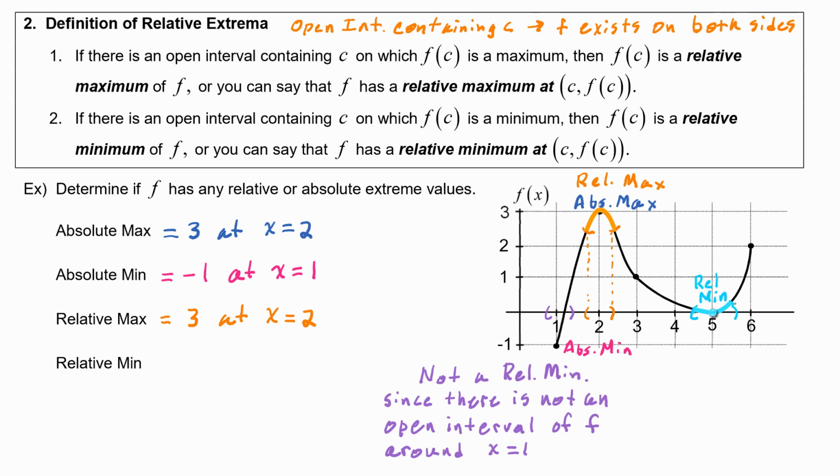We would be here on this part of the function. So because there's an open interval around x equals 5, on which 0 is the smallest y value, that means we have a relative minimum of 0 at x equals 5.